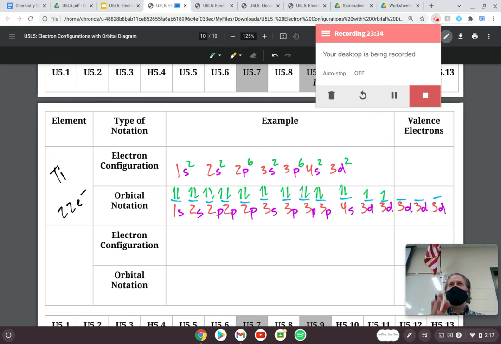And I needed to leave the 3d, 3d, 3d open. Now, the reason for that is how many electrons can the D shape hold? 10. And there's 5 orientations for the 3D, which is why I have written 3D, 3D, 3D, 3D, 3D.